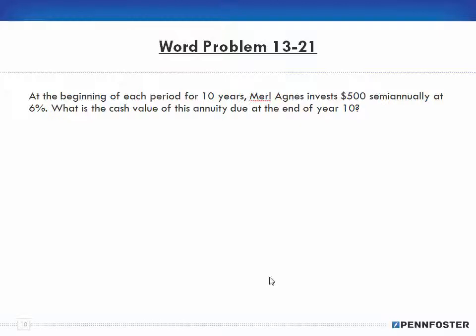21. At the beginning of each period for 10 years, Merrill Agnes invests 500 semi-annually at 6%.